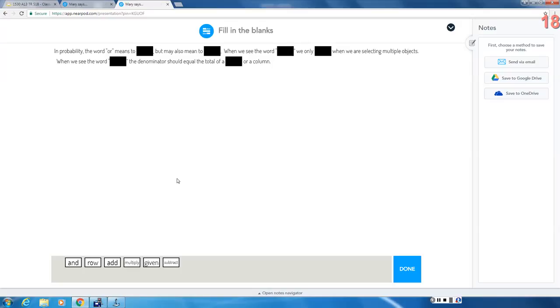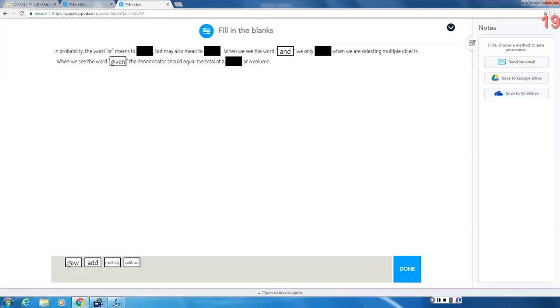When we see the word and, so we got and goes up here. When we see the word and, when we see the word given, the denominator should equal the total of a row or column.